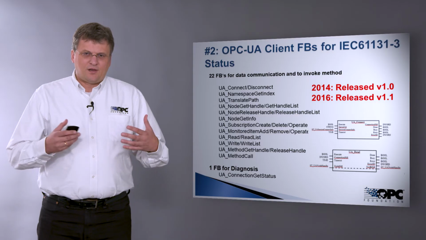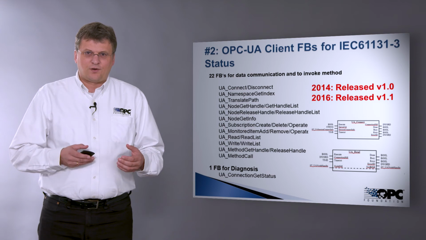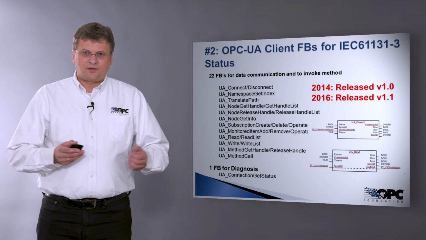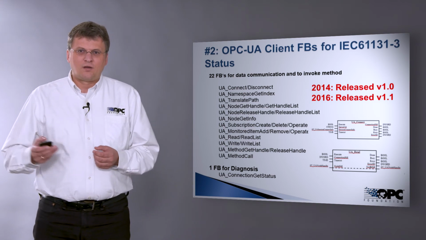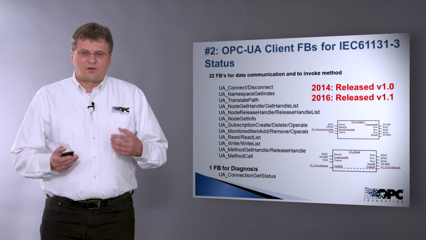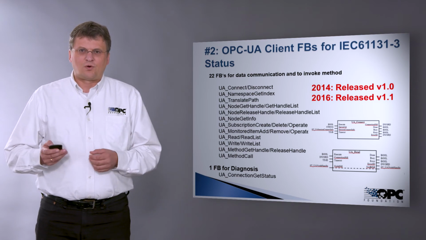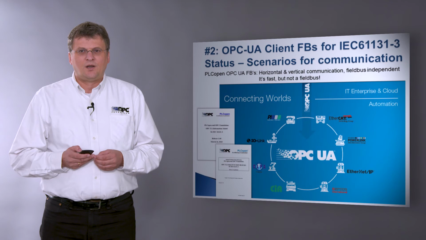To give you an overview of the function blocks, which we released in 2014 and updated in 2016, these allow you to establish a communication out of the PLC controller for data exchange, reading and writing nodes, but also invoking method calls in another OPC UA server, and also to internally check the status of a communication to other external partners.